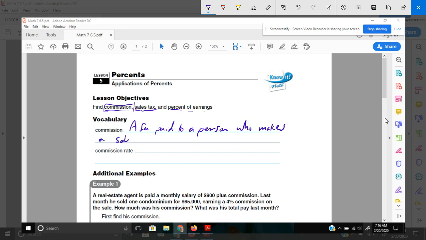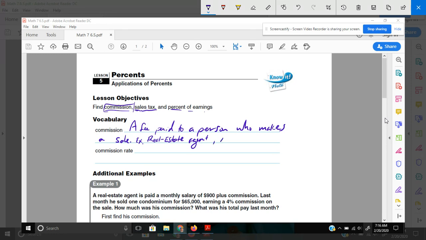So, for example, a real estate agent, somebody who helps you buy a home, makes a commission. In other words, if they sell a home, they make a percentage of how much that house cost, which is, if you're selling an expensive home and you make a percentage of that, you make a lot of money.